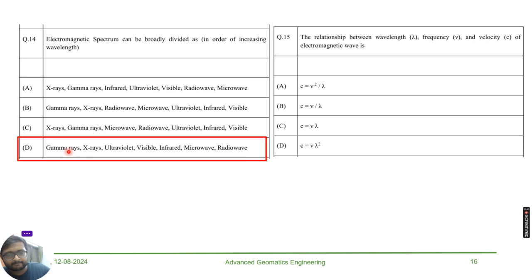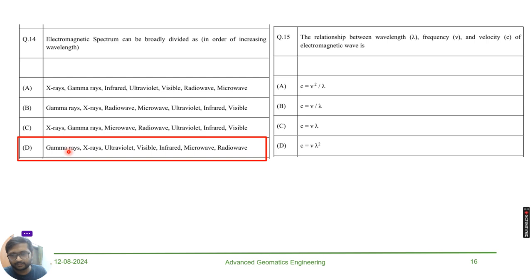Which is the correct answer here? Sir, option A is not right, option C is right. When we talk about the velocity of light, C is equal to F lambda.